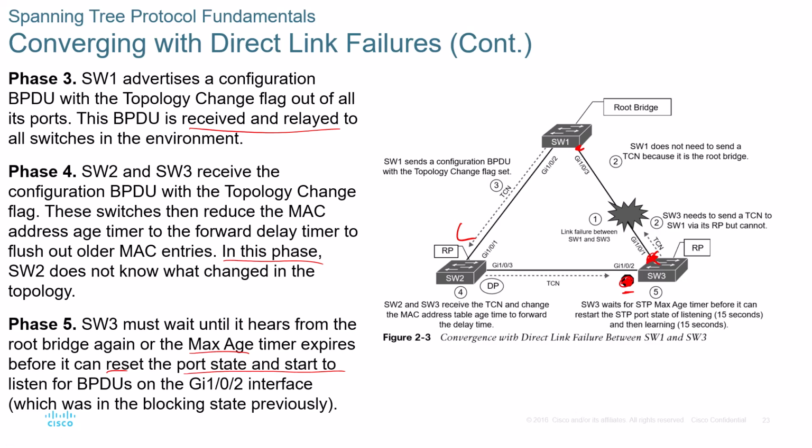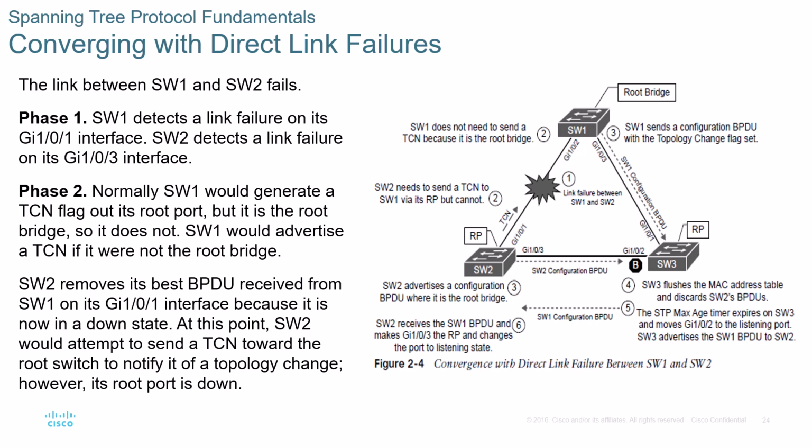So let's run through this process again. But what happens if the link between switch 1 and switch 2 fails? So again, same process. Switch 1 should identify that a link failure has occurred on its interface. Switch 2 will detect a link failure on its gig interface.